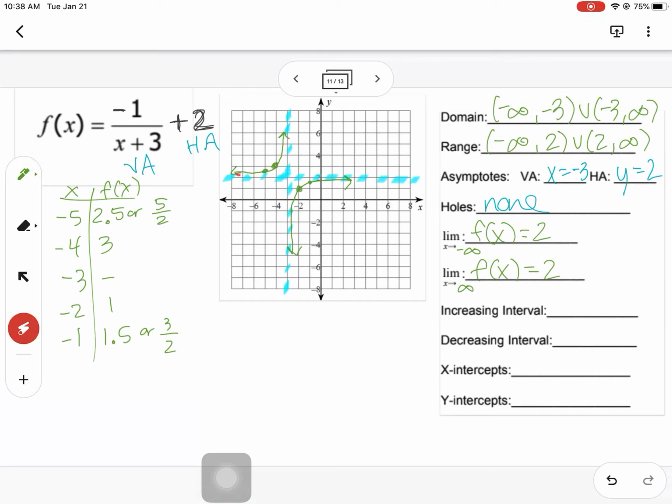As for increasing and decreasing, this is a function that is increasing. Everything's going up as you go left to right. So it's going to be -infinity to -3 and -3 to infinity, and then none for my decreasing. For my x-intercept, I'm going to set it equal to 0.